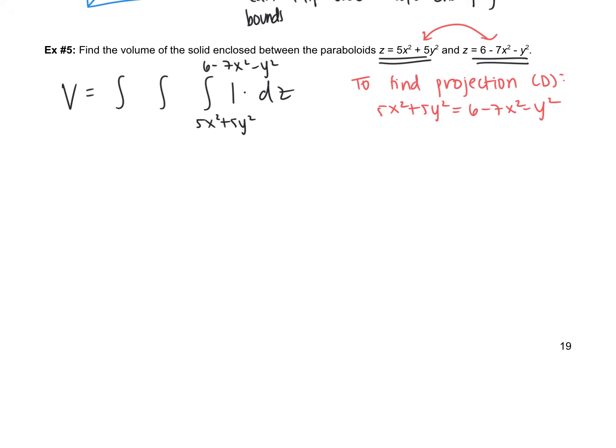Moving everything to one side gives me 12x squared add 6y squared is equal to 6, or 2x squared add y squared is equal to 1. Hopefully we know what this looks like. This is an ellipse, with y-intercepts of 1 and x-intercepts of 1 over root 2.